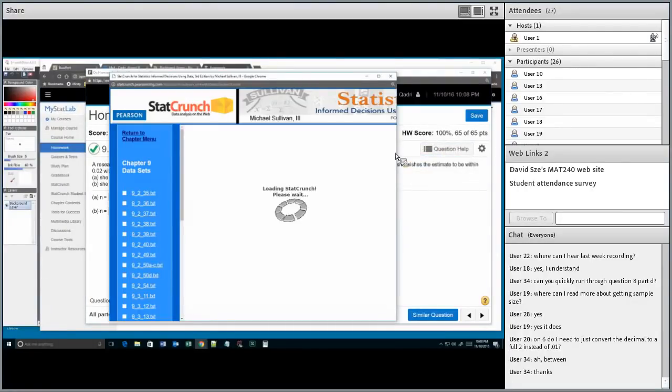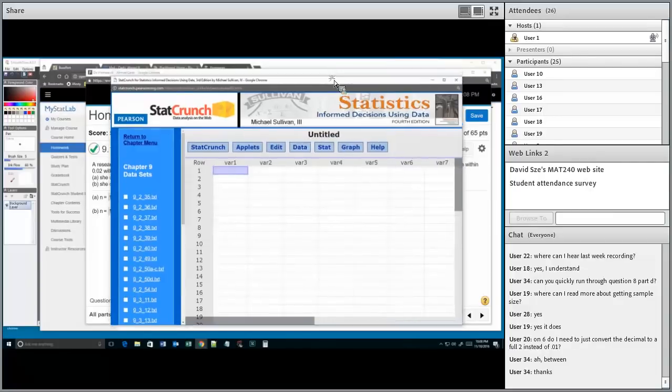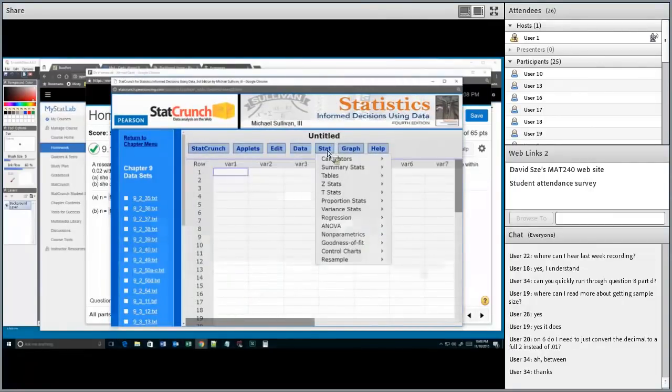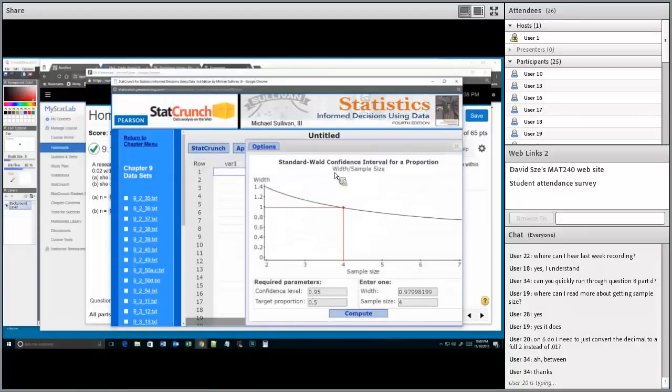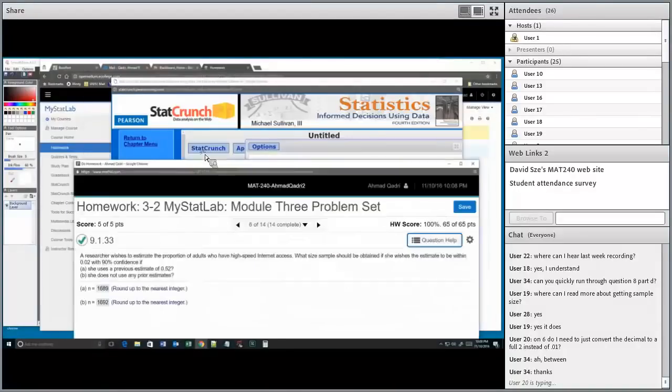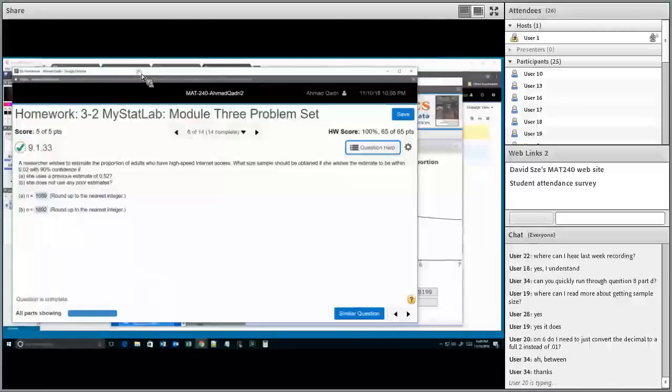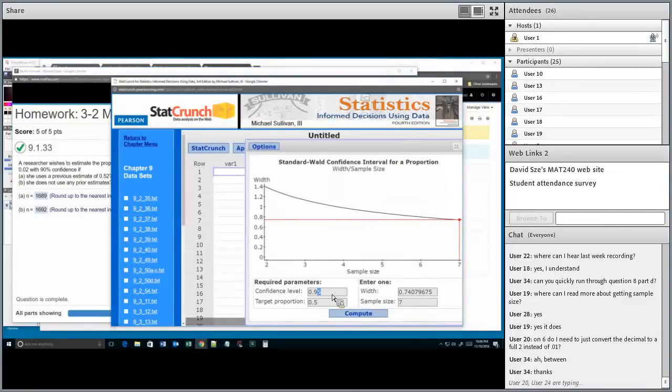So what you can do is go to StatCrunch, and this time, because we're using proportions now, I'm going to go to Stat, Proportion Stat, One Sample, and Width and Sample Size. So for the first part, notice I need 90% confidence, so I'm going to use 0.90.